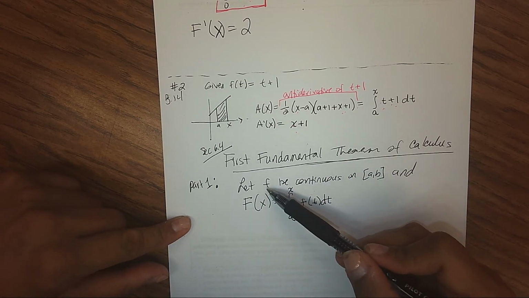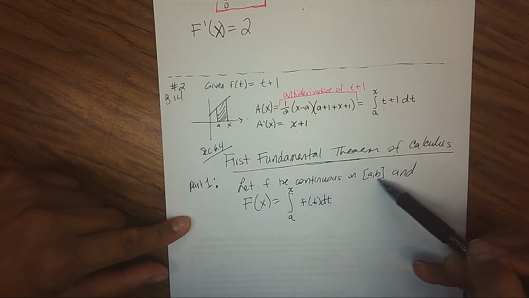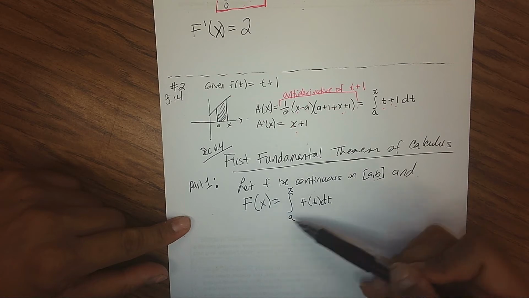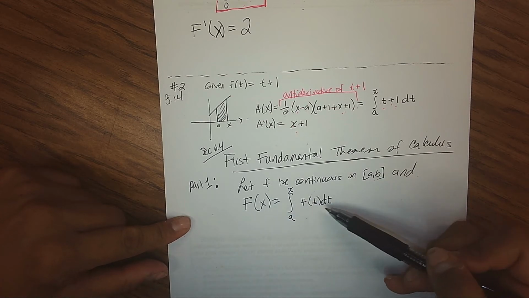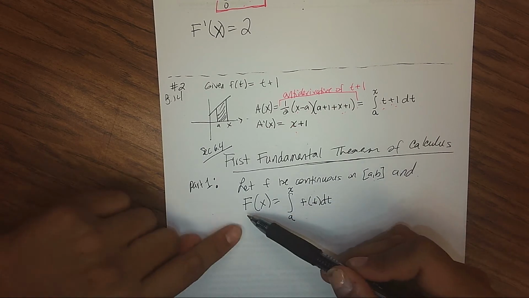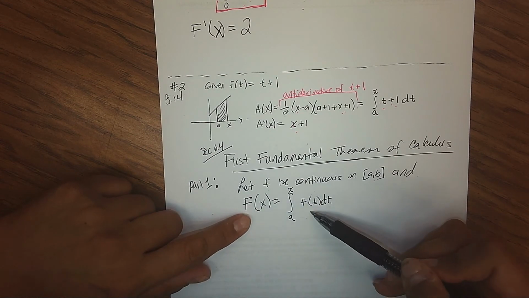This little f refers to the integrand. Let little f be continuous on a closed interval, and then capital F of x equals this special integral. Now tell yourself that you know what this integral represents. You know what F of x represents: the antiderivative of this.